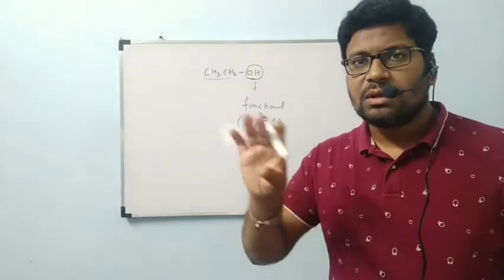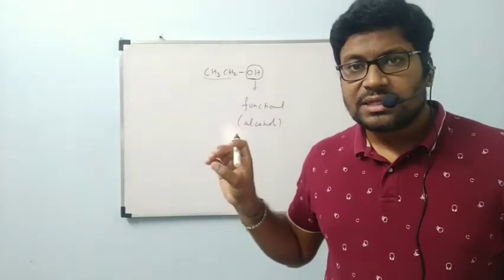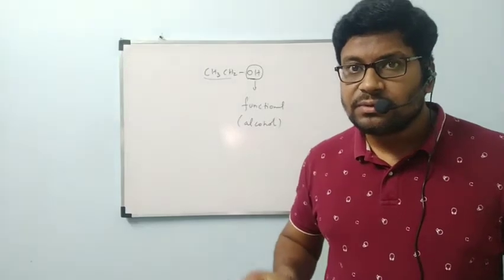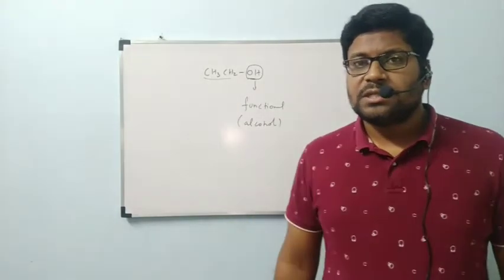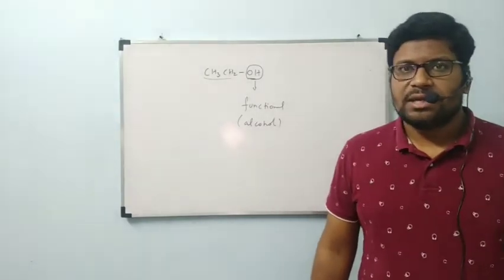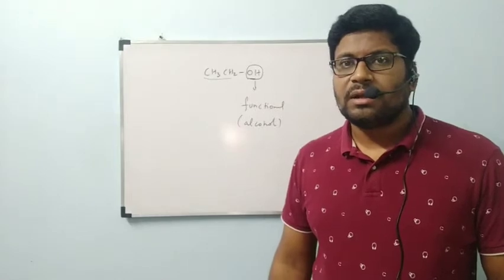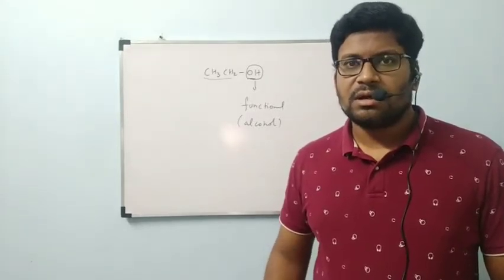Next, the total compound definitely contains the functional group as a secondary suffix. We give importance to the functional group as it is going to decide the properties of the entire compound. Now, what are the functional groups we have? What is the name of that compound?